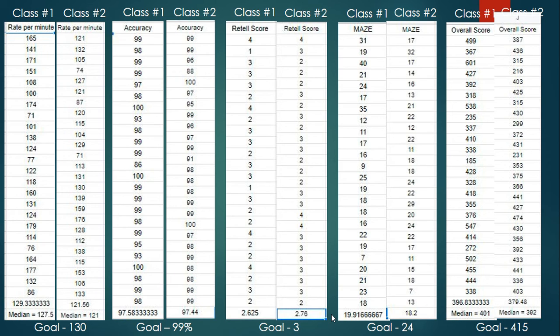But the maze, as you can see, although the beginning of the year, the goal was actually for them to have an 18, and both classes made that goal. But the end of the year is a 24. So I think that a lot of students are going to end up needing a lot more additional help when it came to the maze as well as the summarizing, which is what I decided to do my main focus on.